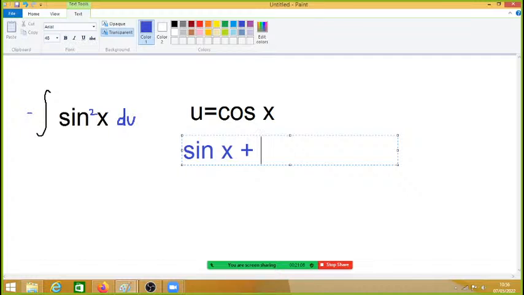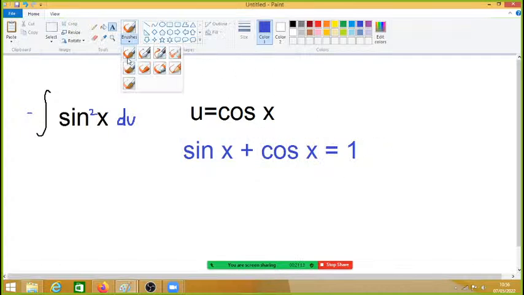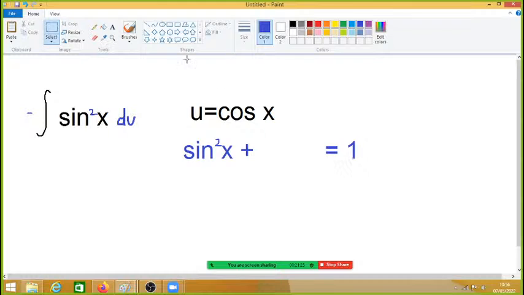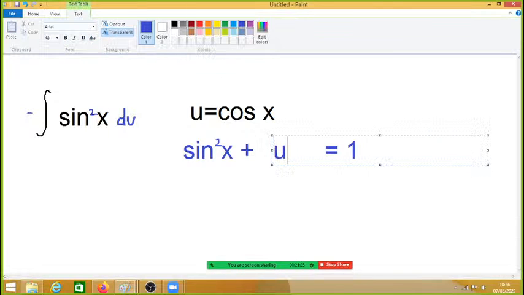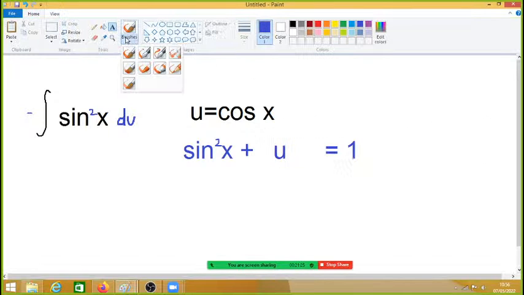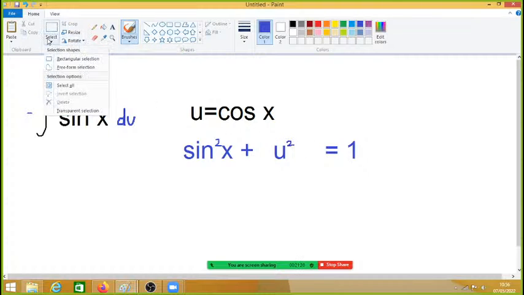Sine squared x plus cos squared x is equal to 1. But then if I know that the cos x is equal to u, then I can swap my cos squared for u squared. I can then rearrange for my sine squared, and then I'll be able to write it in terms of u. So that's very easy to do.